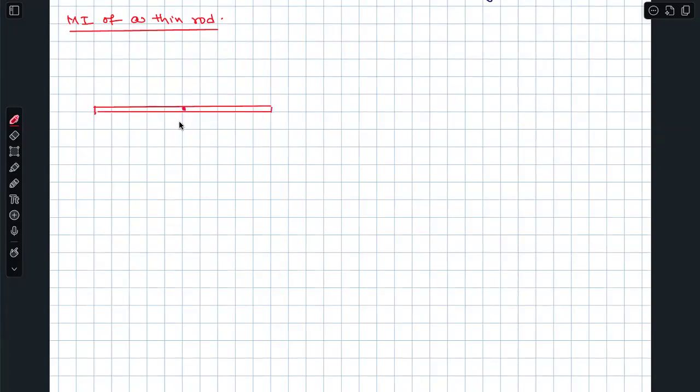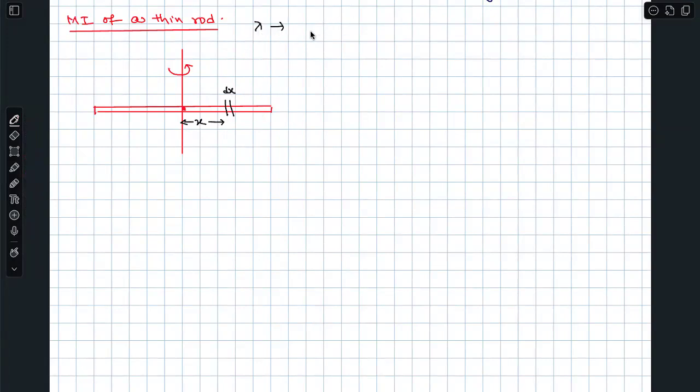Here lies the center of mass. So first I will derive about this axis. For this purpose, I'll take an element here, which is at a distance x, length dx.